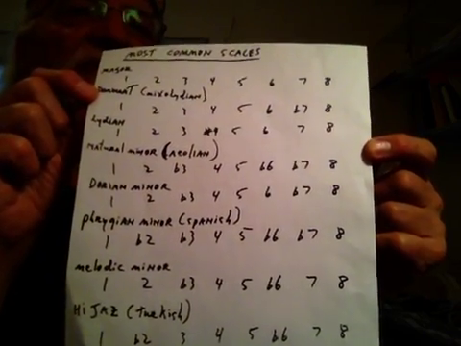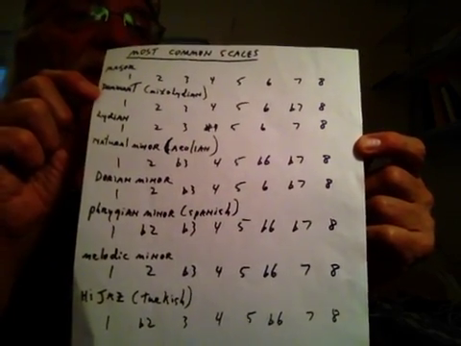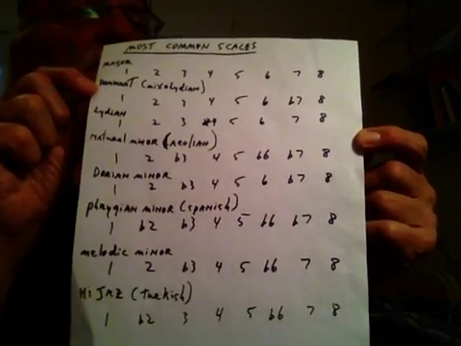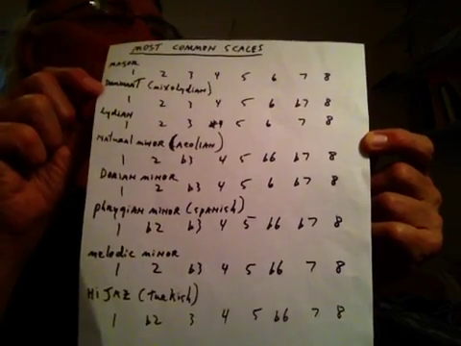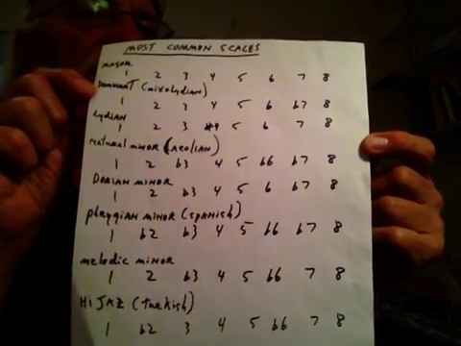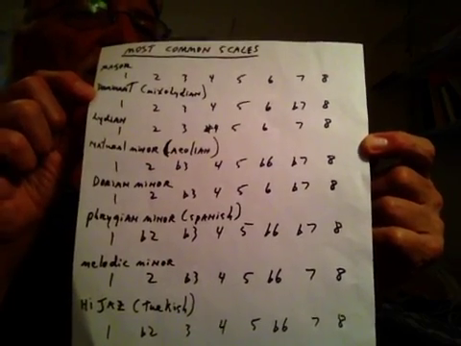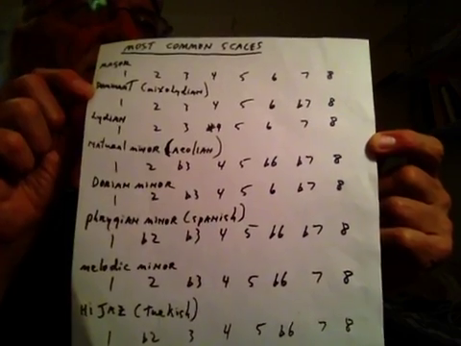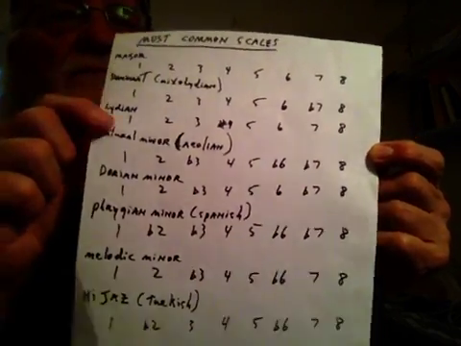But this name, the Mixolydian or the dominant scale, describes a major scale which has a flatted seventh. So, for example, if you're playing the G major scale, G, A, B, C, D, E, F sharp, and G, the Mixolydian scale would flat that seventh, so you'd go from F sharp to F.